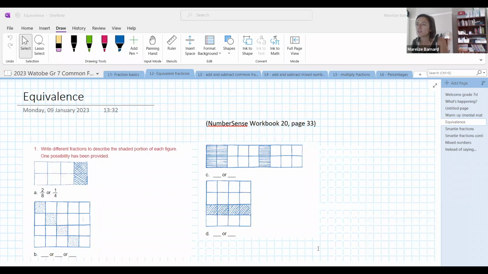Just answer the first 4 questions, A, B, C, and D. The diagrams are there. So in about 2 minutes time, we'll check back in and then just discuss what we have. Okay, so no questions in the chat. Guys, it's not question time yet, so please put your hands down.